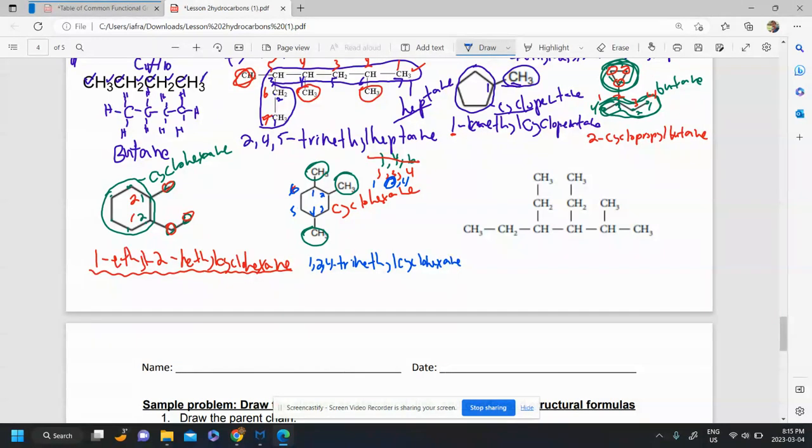All right. So now we're going to do our last naming example over here, and then we're going to move on to a video with some drawing. So we have to find our longest parent chain. It could be this. That'd be 1, 2, 3, 4, 5, 6 carbons. Could be this. That'd be 1, 2, 3, 4, 5, 6 carbons as well.